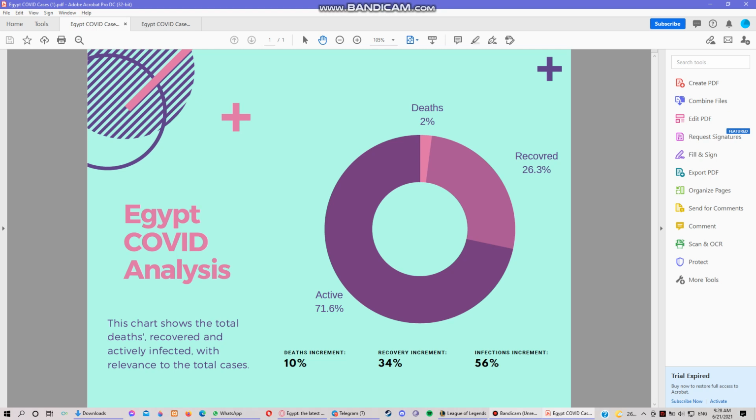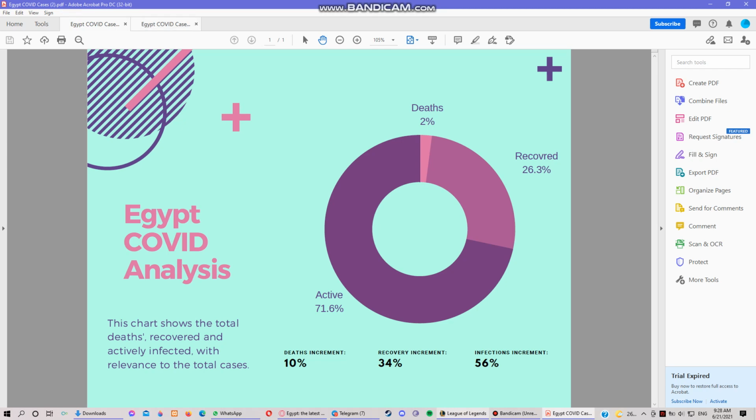People do not stay at home, and the government does not force us to stay at home. Everybody can do what they want, so I think that's why we have the 56% increase in infection ratio.